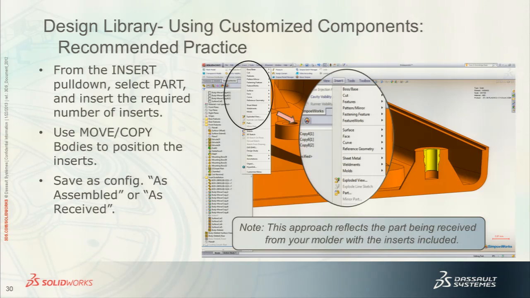The molder typically has a lot of equipment for secondary operations like installing the ultrasonic inserts. So just the way our bills of material were at Life Fitness, we would want the inserts installed at the molder. So this is how I would configure this part to show how I want the parts to come in from the supplier. Any questions on that?